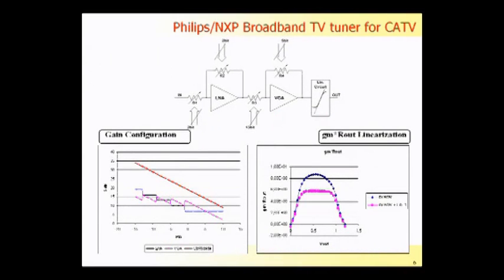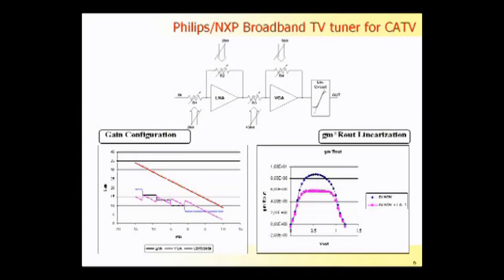Here is the same block, and here in detail is the gain configuration that we have chosen and designed for this application. It was not so easy because the gain composition of the amplifiers determines linearity, stability in terms of phase margin, and noise of this system. So we need to find a trade-off between all these parameters.